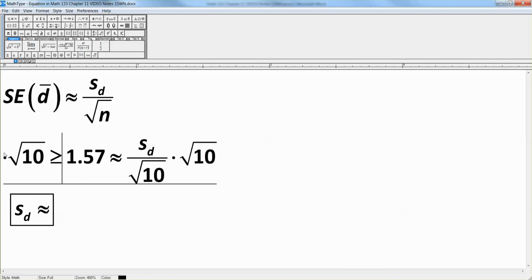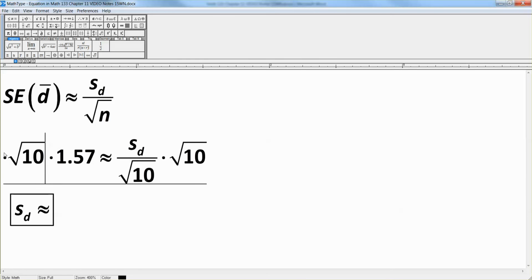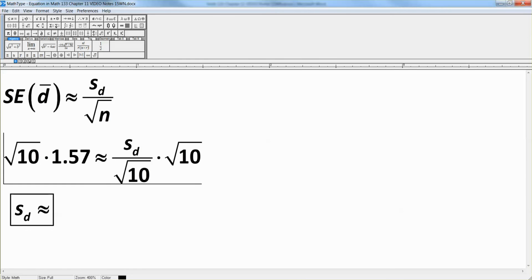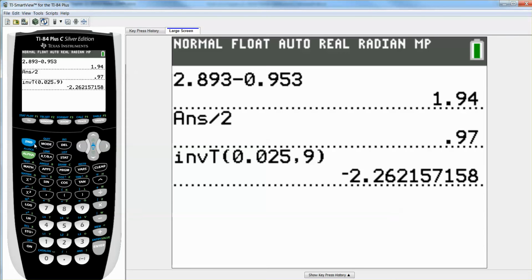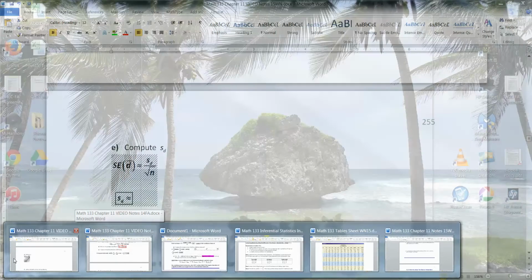Times 1.57. So I'm going to grab my calculator and make it do that for me. I want the square root of 10. Then when I use my arrow, I want to get out of that square root symbol. See how the cursor is still under the square root? So I'm going to press the right arrow button to get out of there, and then I'm going to times it by 1.57. I'm just going to double check that 1.57 value real quickly.